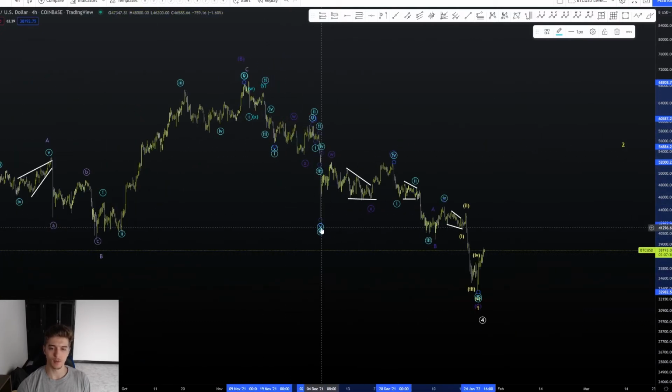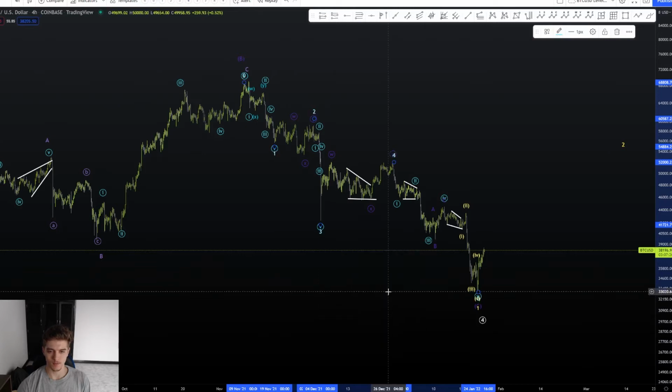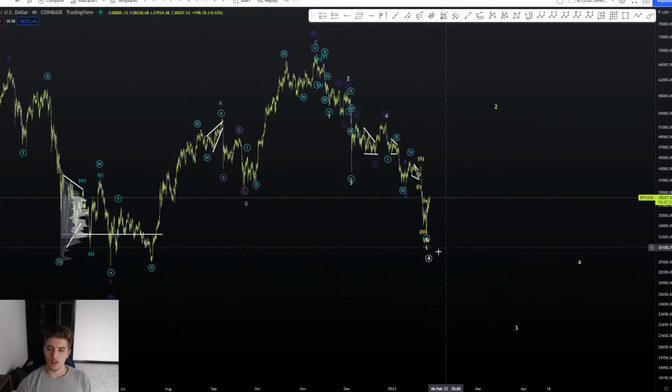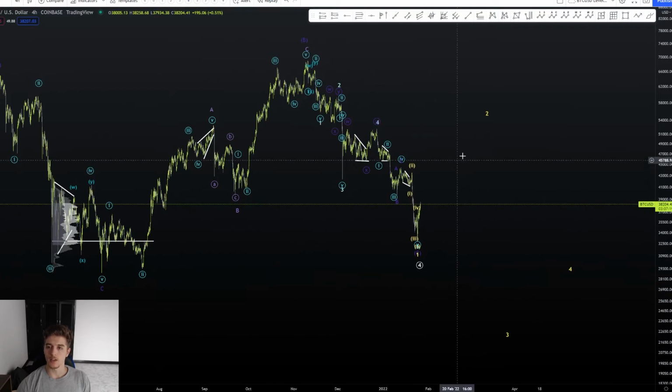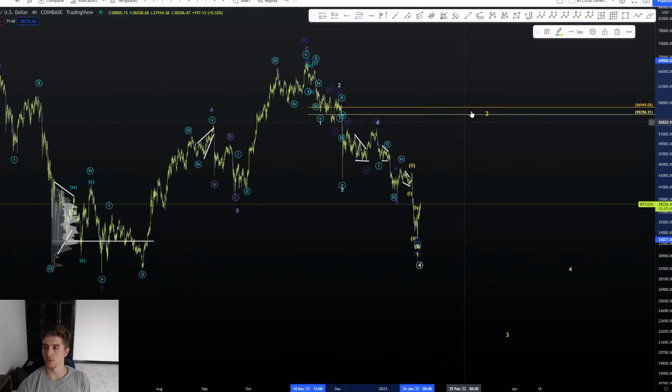So I'm going to revert these back to minor degree. So in this case, we could have just put in a minor wave 1 here, and then we're going to be coming up for this minor wave 2, which is going to be, for all we know, around the golden pocket, which is a nice technical target to look out for a wave 2, which is going to come in around 55 to 57K.